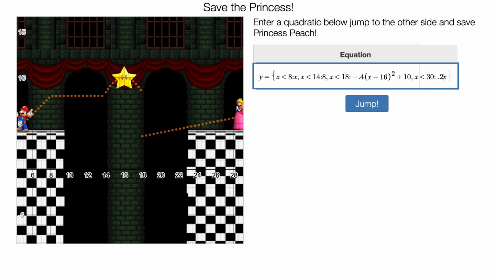There it is. Okay, great. So I want to make this negative 0.2x, but then I want to raise it up. So let me add like 10. Not enough. How about I add 13? Ooh, too much. 12. That's beautiful.